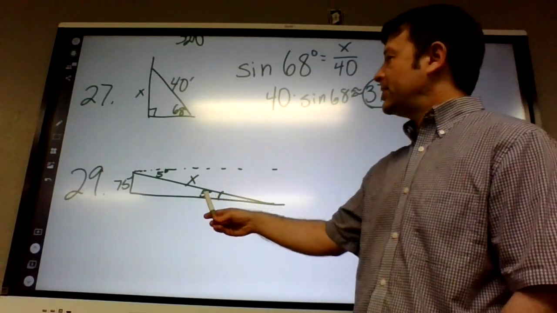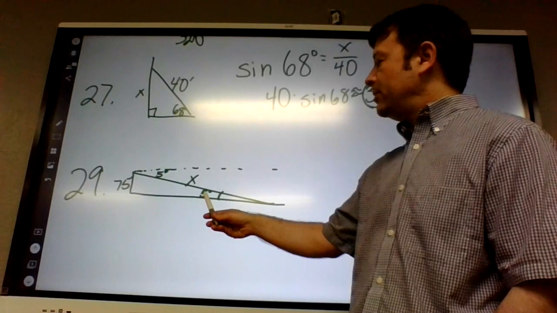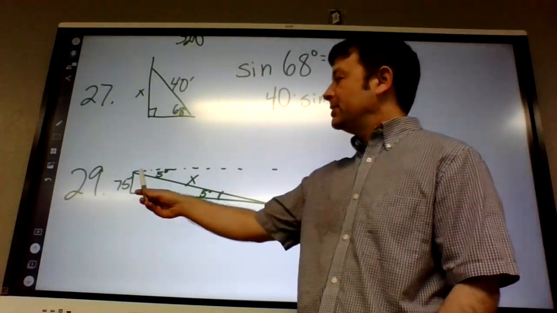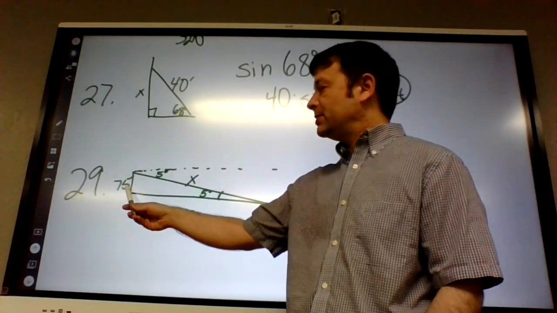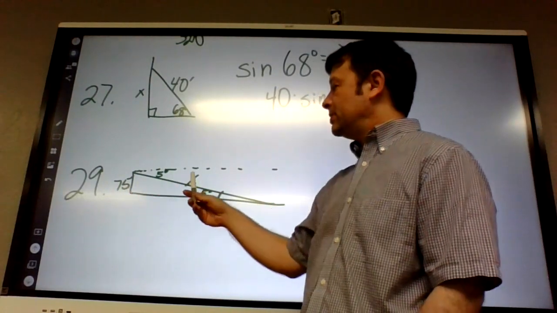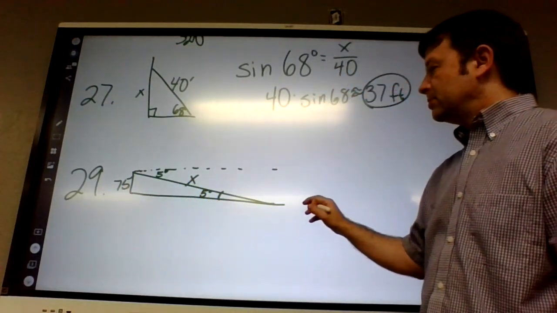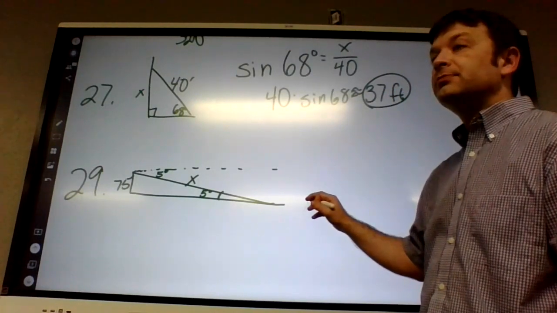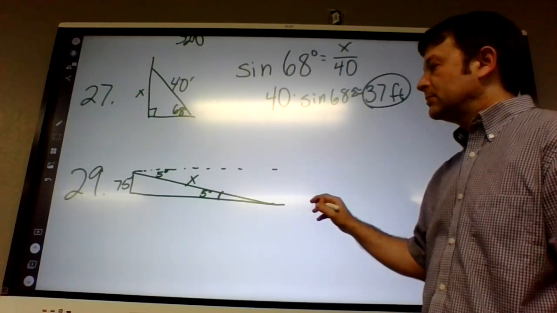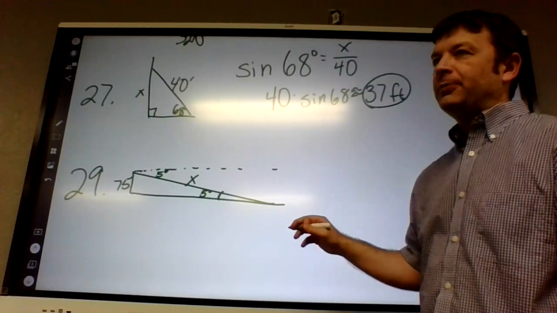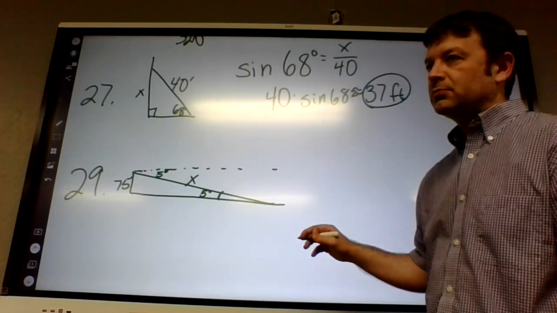So, looks like the last one actually, doesn't it? Relative to the 5 degrees, 75 is the opposite. X is the hypotenuse. Why are we looking for the hypotenuse again? It says find the length of the rapids. Wouldn't that be the other leg?